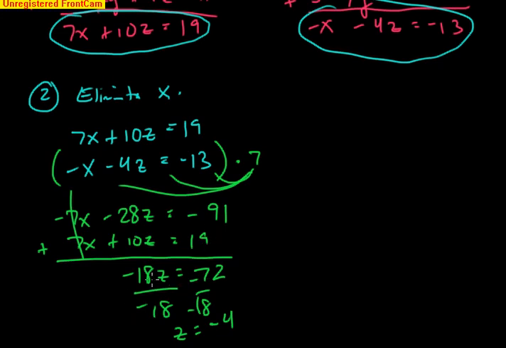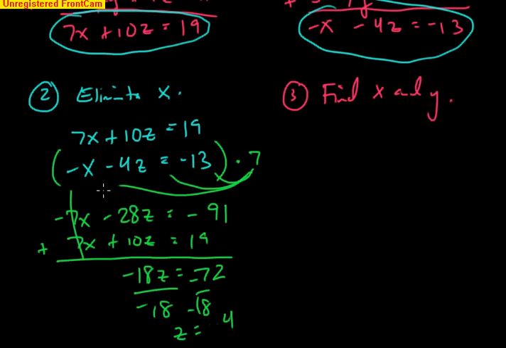I apologize, so it's negative 18z equals negative 72. Divide by negative 18, and this is a positive 4. Make sure we have that right as a positive 4. Z is positive 4. So now step number 3 is to find x and y.